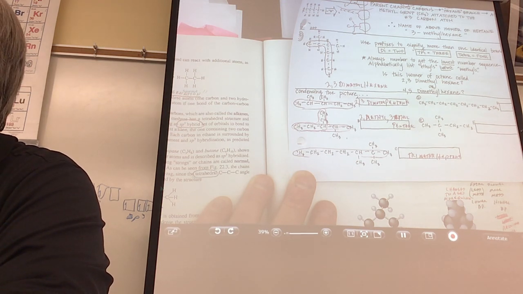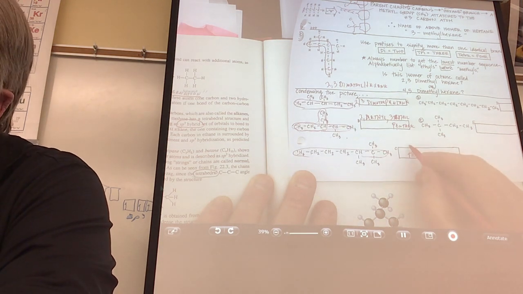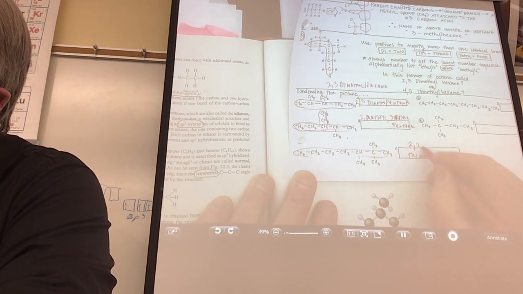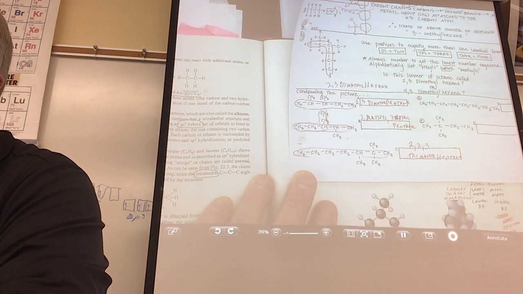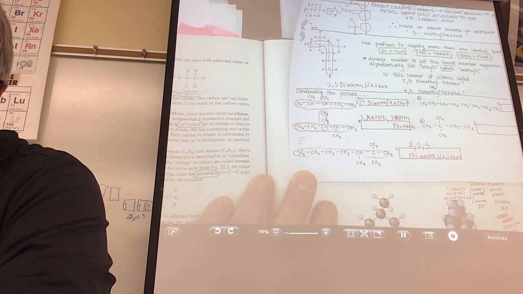You got to tell me all 3 of them. 2, 2, 3. Yes. 2,2,3-trimethylheptane. Does that make sense? That's kind of neat. When we start doing all these isomers, I think you'll enjoy this.